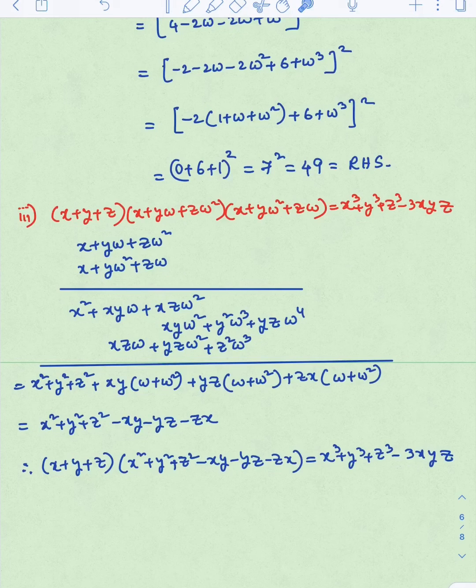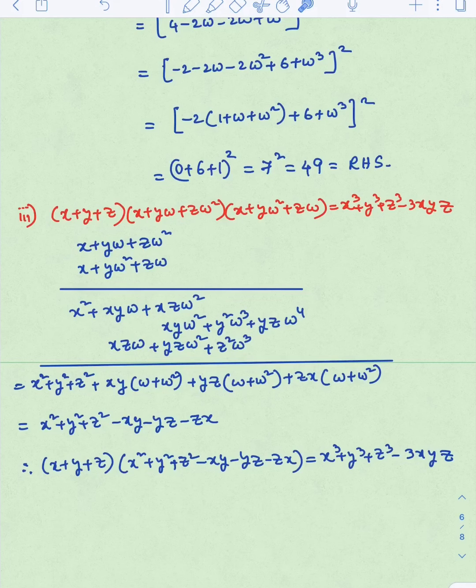So we are writing like terms in a column, no? That's why xy omega square should be written below this number. Next what? y square omega cube. So there is no omega cube term like that, that's why it is written separately. y square omega cube. It is yz omega power 4 here. Over. With the second, 3 terms over.